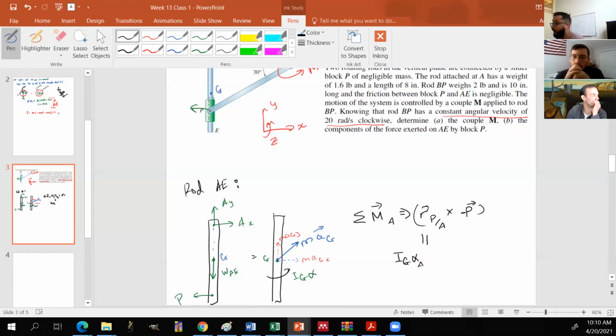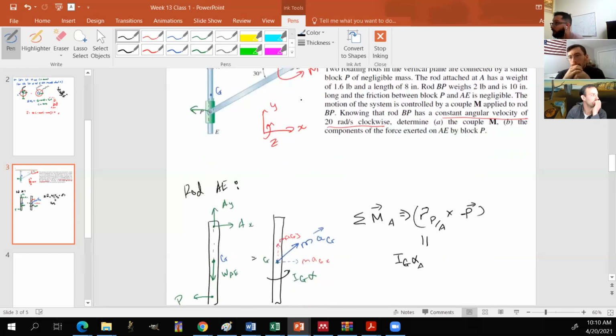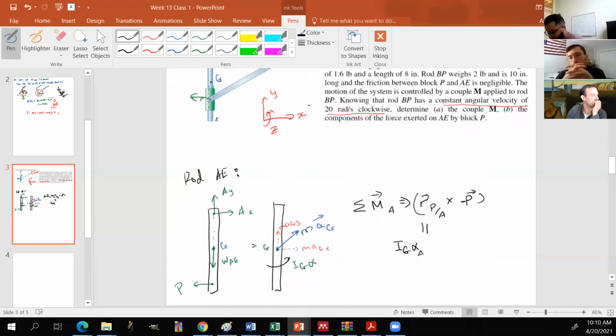And now you have to be careful, right? Because AE and BP are going to have different angular accelerations, right? So this is going to be IG alpha AE like that, right? So IG alpha AE like that. Plus the moment due to the translation acceleration, right?